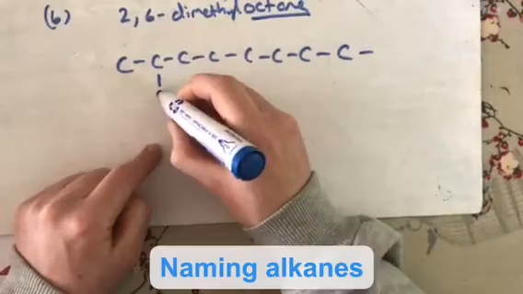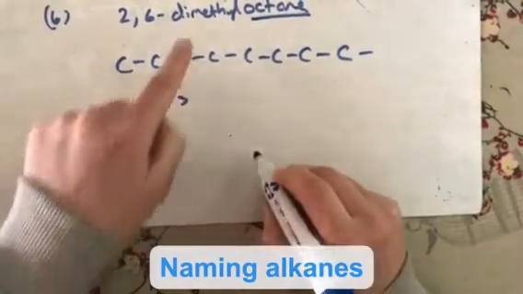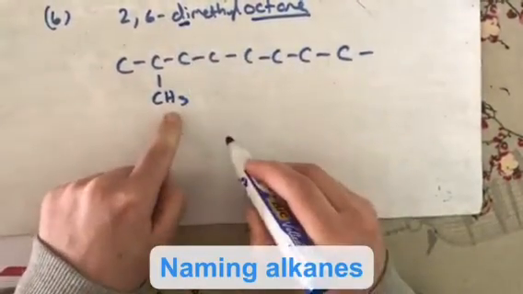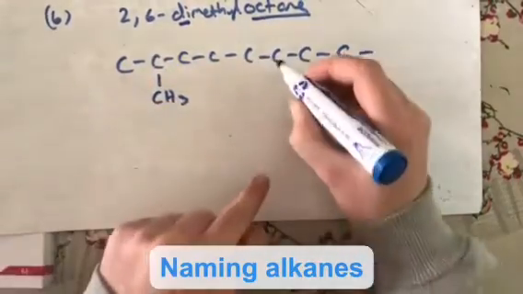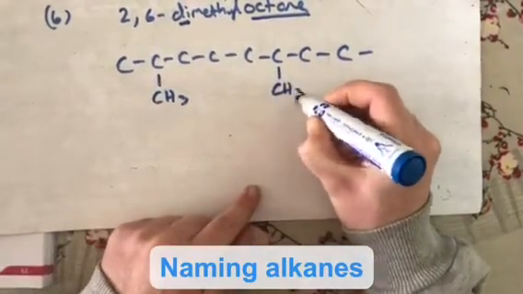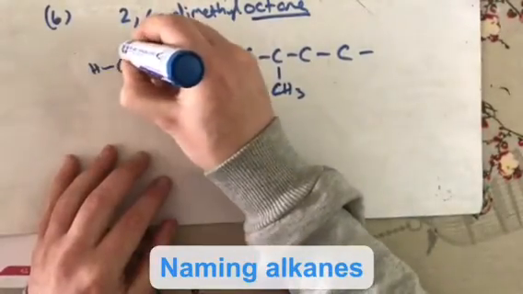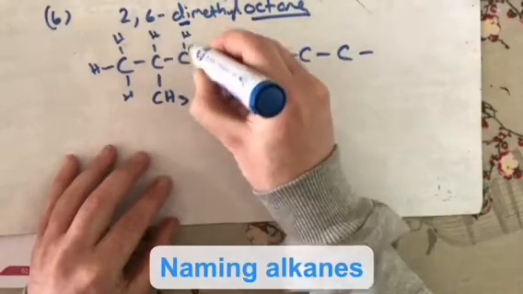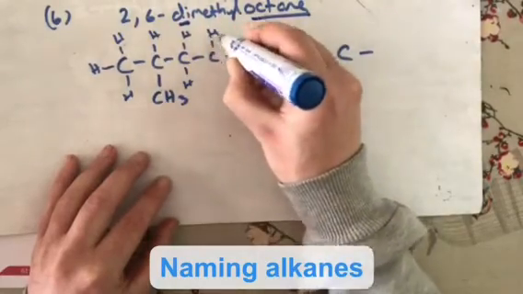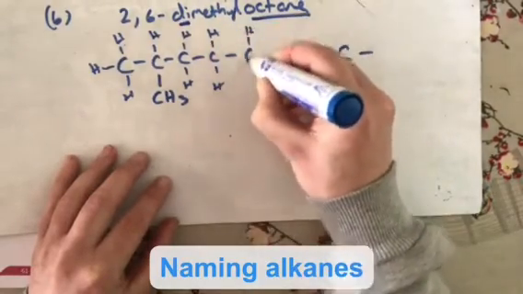So here's our second carbon, CH3. And dimethyl means you've got 2 methyls, 2 CH3 groups. The other one is present on the 6th carbon. 1, 2, 3, 4, 5, 6. Doesn't matter which side you put it on. Okay. And then what we have to do is make sure that every carbon has 4 things attached. We fill in the rest of the hydrogens. Alright, so there is our 2,6-dimethyloctane.